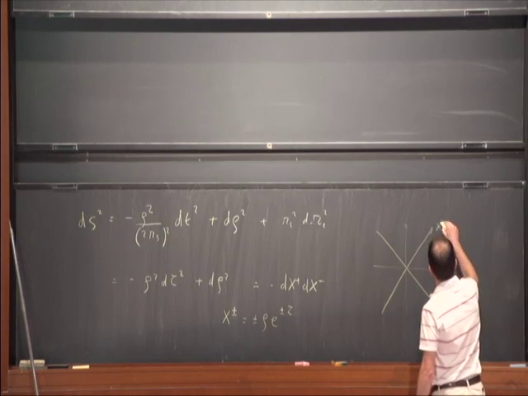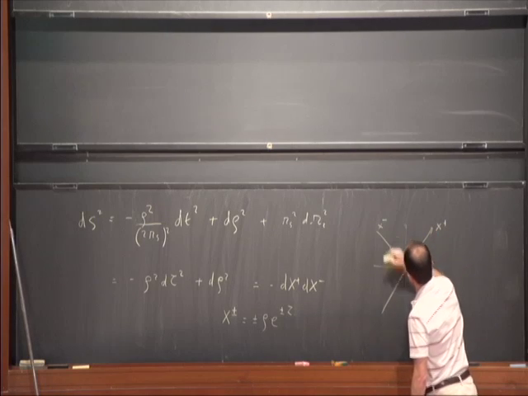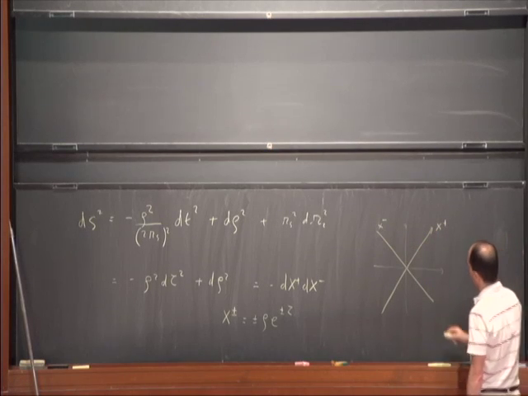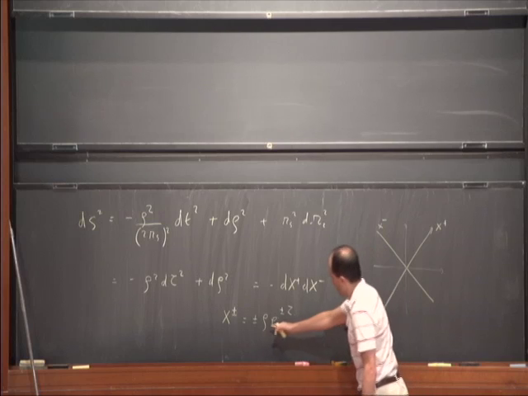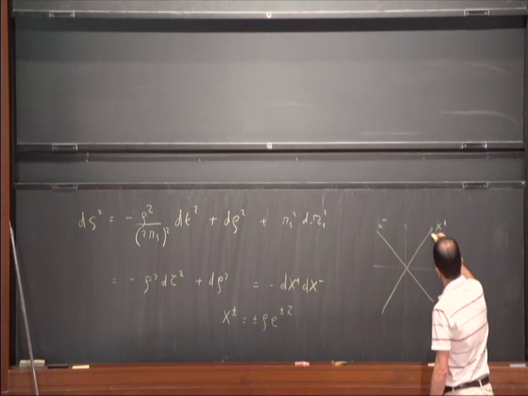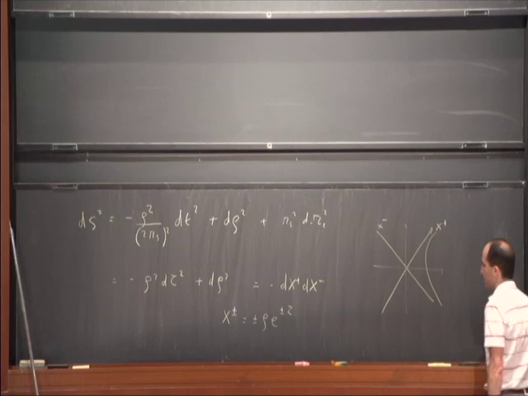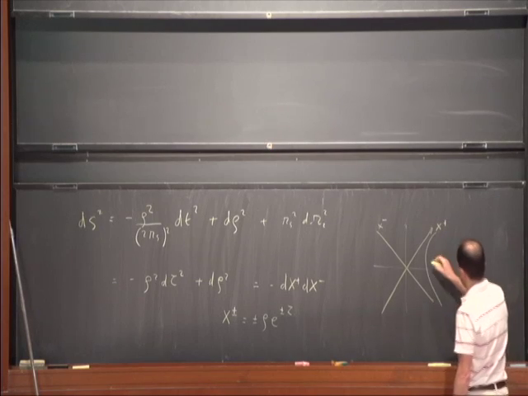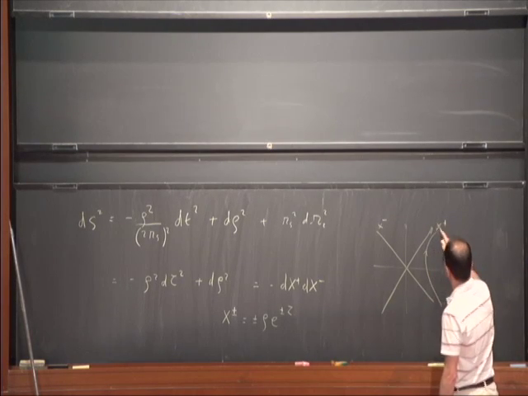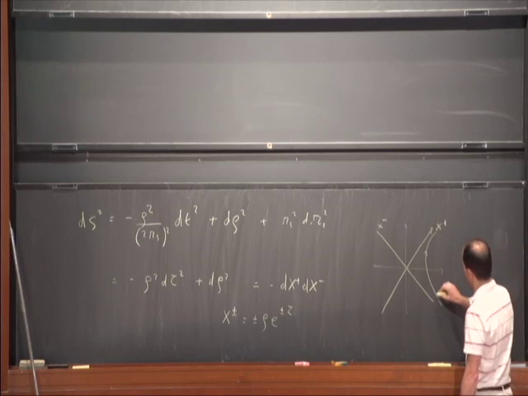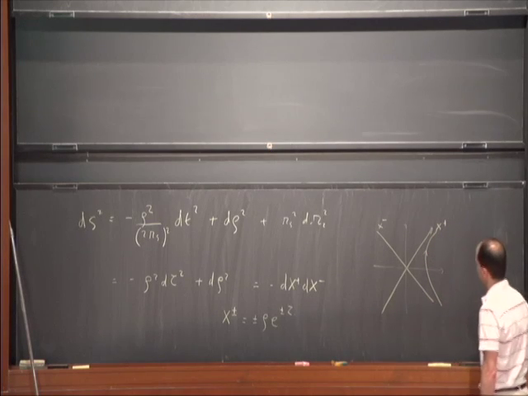And then we're defining null coordinates x plus and x minus. And a line of constant rho, this is a surface of constant rho, corresponds to a time-like trajectory. And tau is a time coordinate along this time-like trajectory. So as we vary tau, we move along this trajectory.